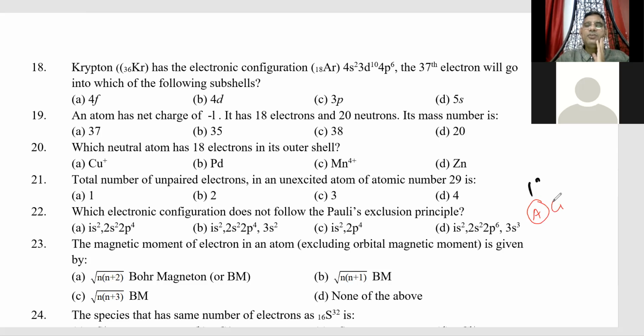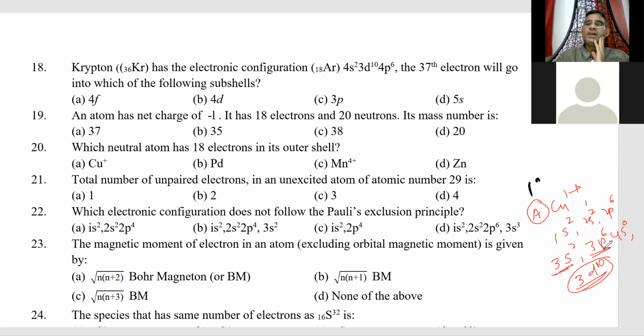A is Cu1 plus. What is Cu1 plus? 1s2, 2s2, 2p6, 3s2, 3p6, 4s0, 3d10. See, this is the last shell, which has 2, 8 and 10, 18 electrons.